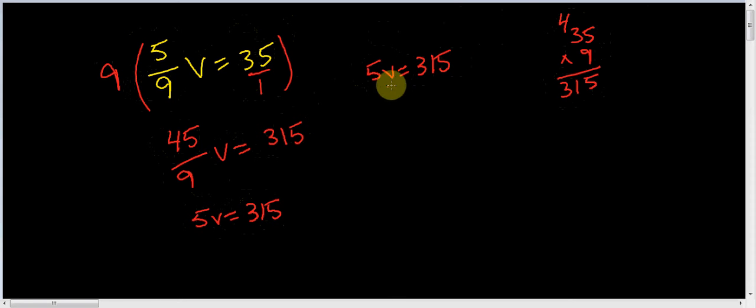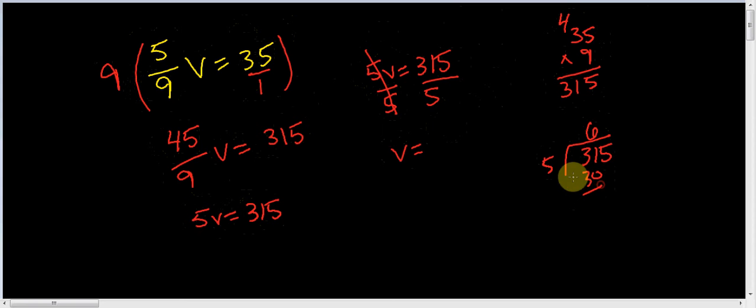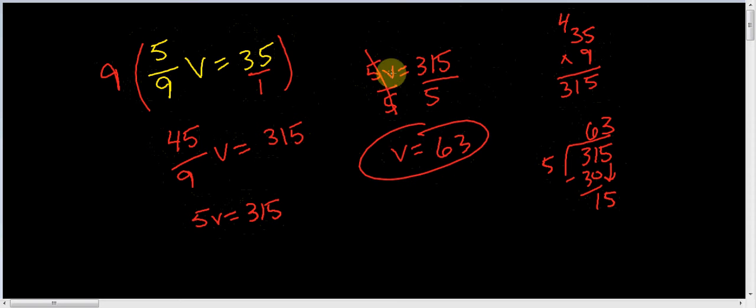To solve this, all we have to do is divide both sides by 5. And we have v is equal to, well, let's do this math over here. 5 goes into 31 6 times. That's 30. 5 goes into 15 3 times, so we get 63 for our answer.